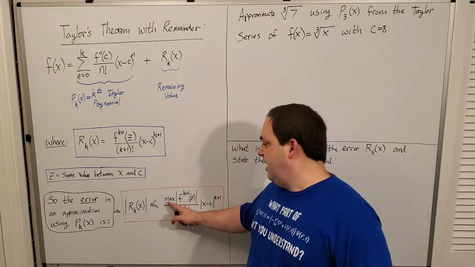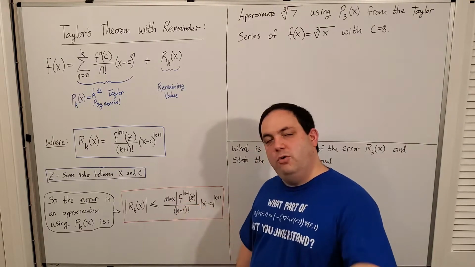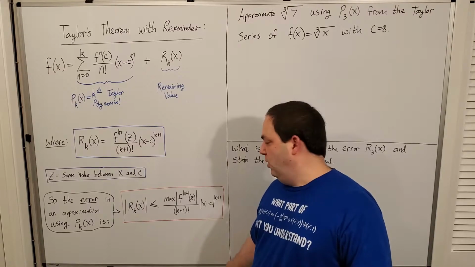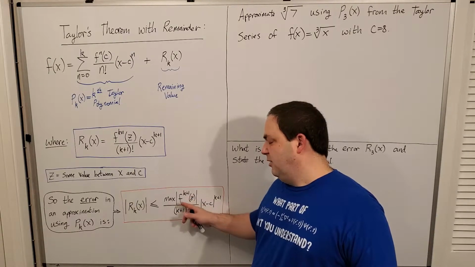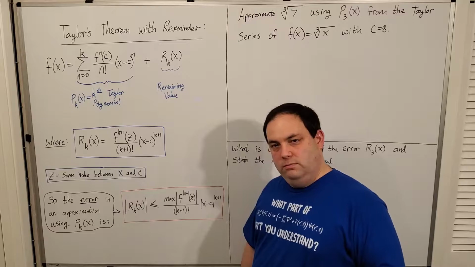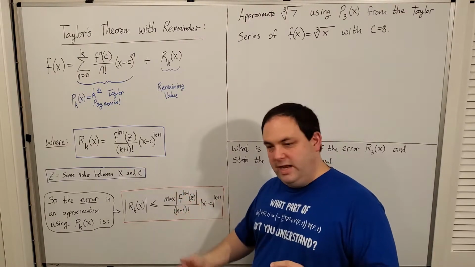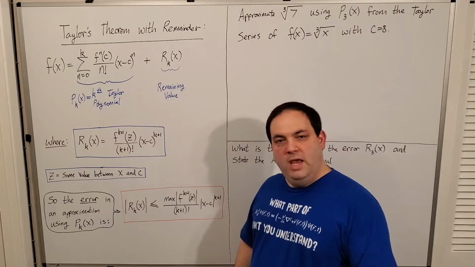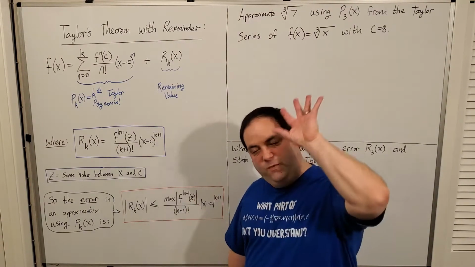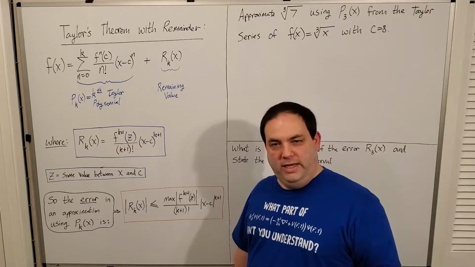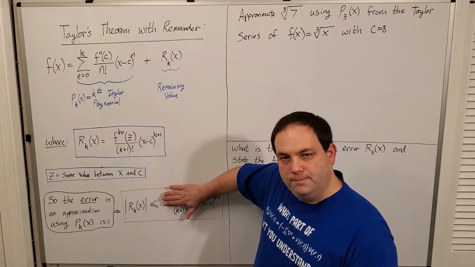So there is a maximum output value for this derivative, all right? Whatever derivative this is, there's a maximum output level between x and c, somewhere in that interval where we're picking z from. And I don't care what the z is. Just find whatever that maximum output is, and that's what goes here.